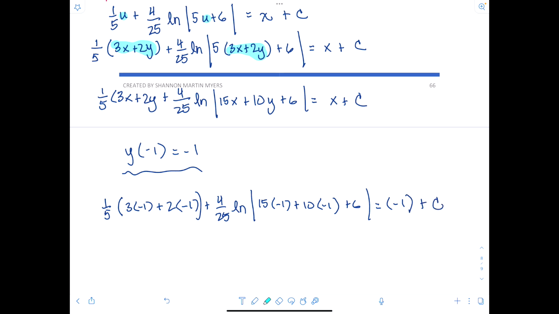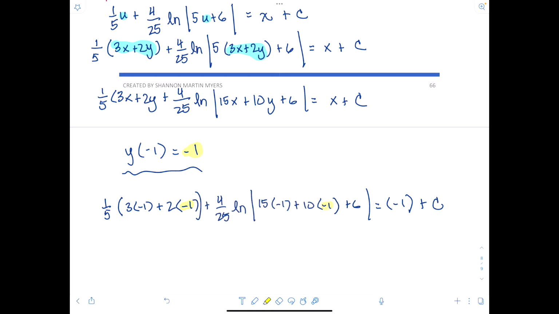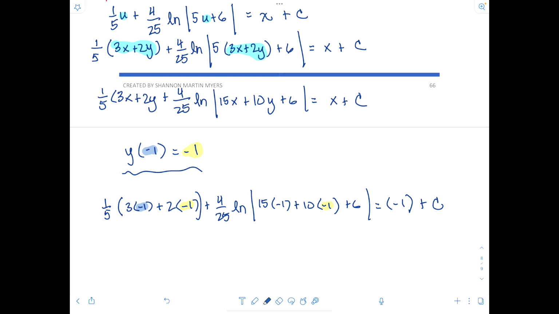So in for y, we put negative 1, and in for x, we put negative 1. I think we're all substituted.